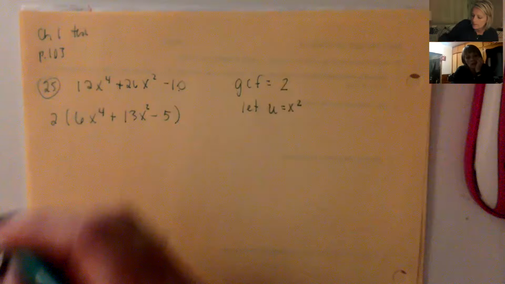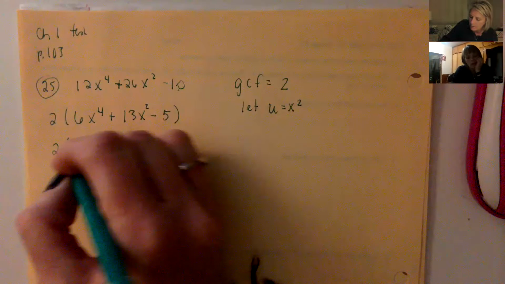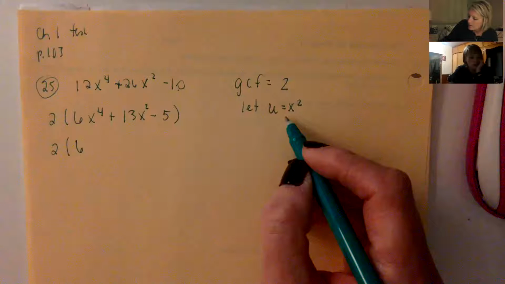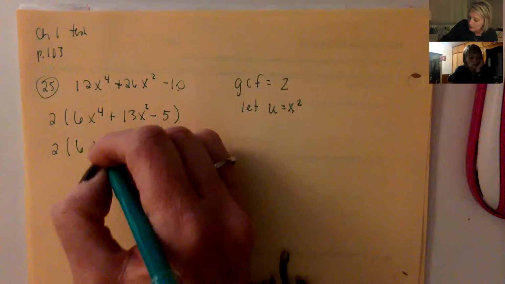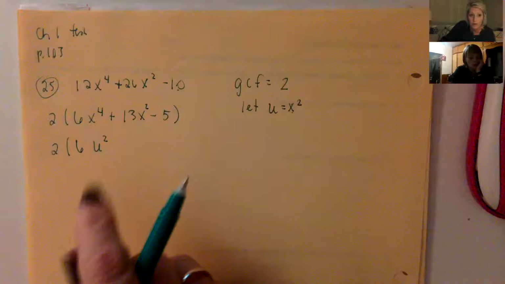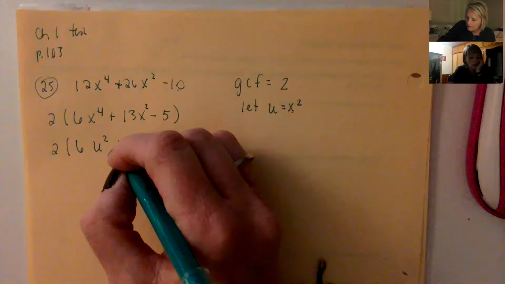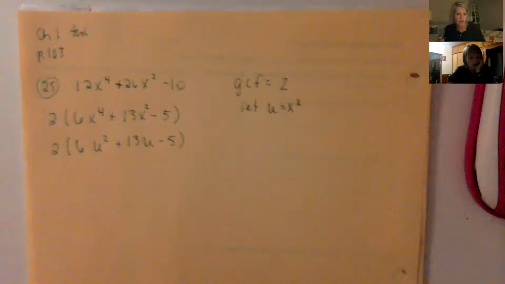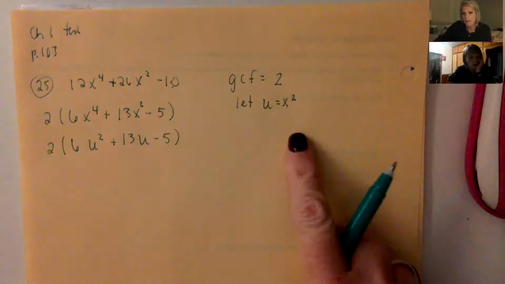Like I said, these problems are the trickiest of the tricky. So x squared is going to be u. This is really just going to be u squared, because if I put x squared in there, it will become x to the fourth, plus 13u minus 5. We're worried about replacing that x squared back in a minute.